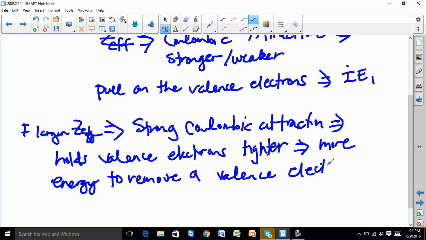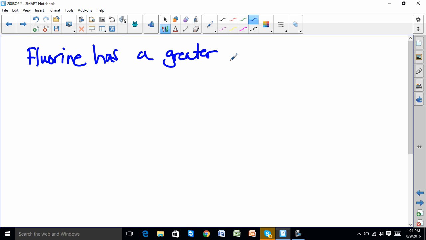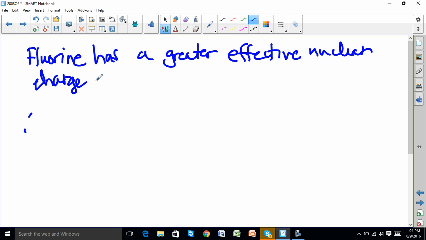Okay, so having said all that, now I'm going to see if I can answer this question. I'm going to add a page here. They said talk about each. So in the first sentence, I would say fluorine, and they're actually okay with you just putting F, has a greater effective nuclear charge than oxygen.